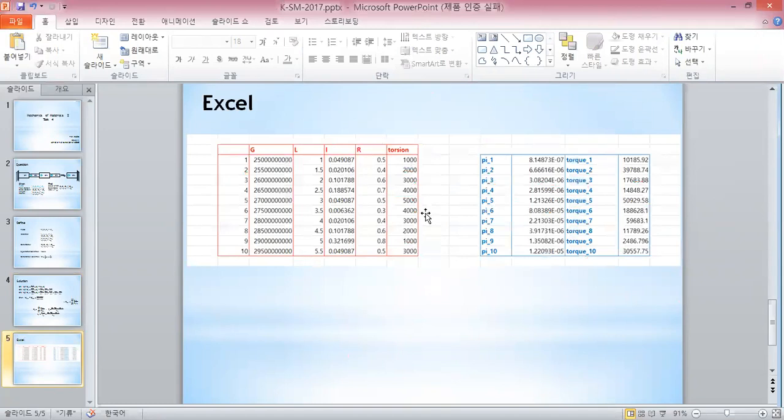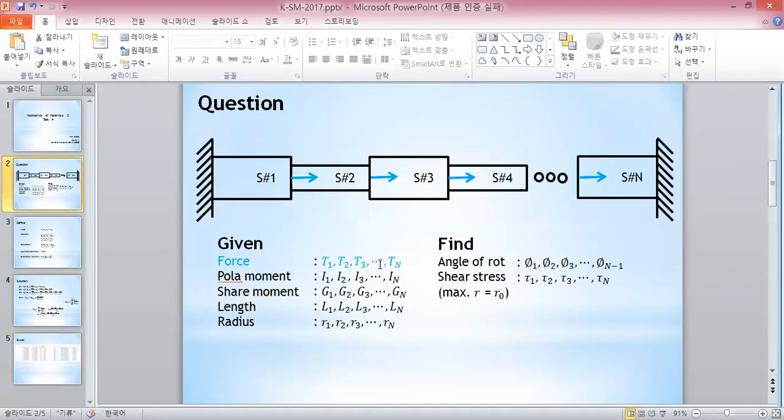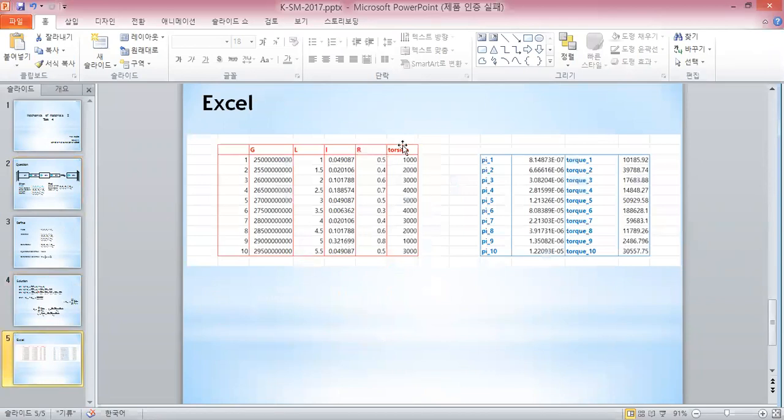And this total torque should be T, right? This is the torque applied to this.